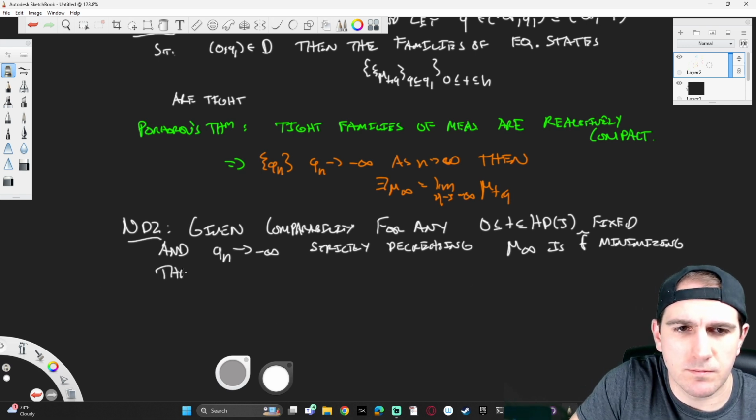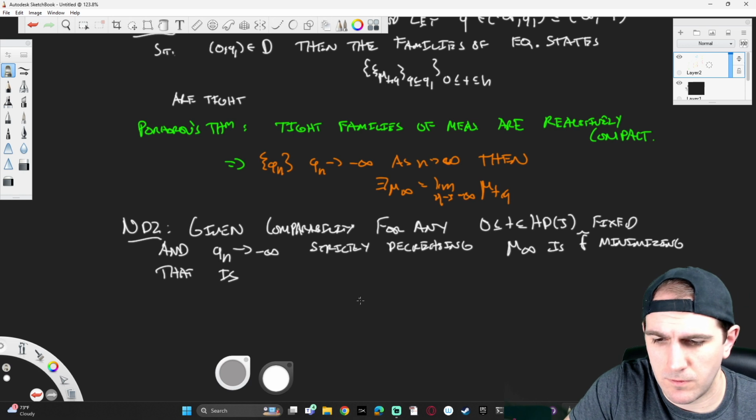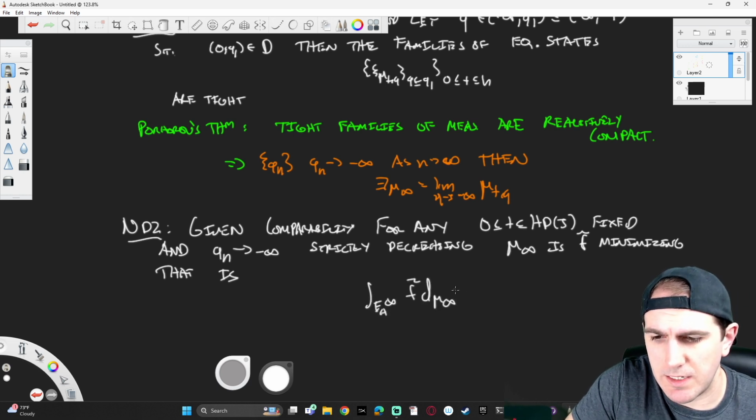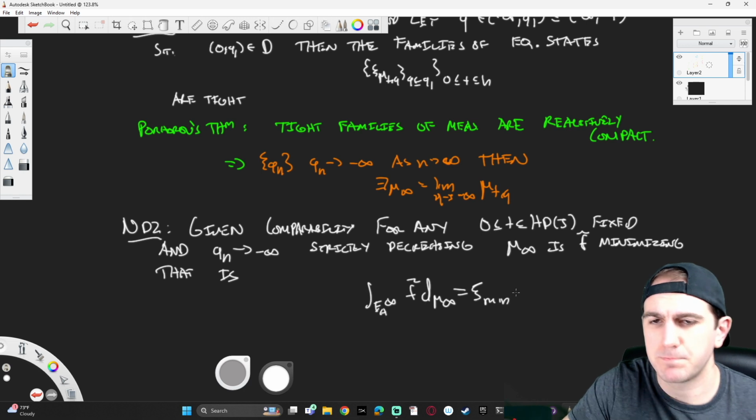That is, the integral over E_A infinity of f tilde d mu infinity is equal to c min.